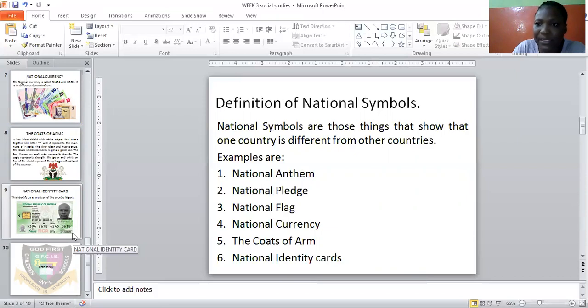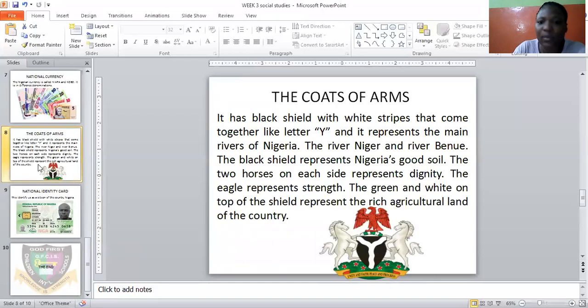The black represents the good soil, the white represents the main rivers of Nigeria where they meet, that's the confluence. Then the two horses represent dignity. The eagle represents strength. The green and white on the shield represent the rich agricultural land of the country.